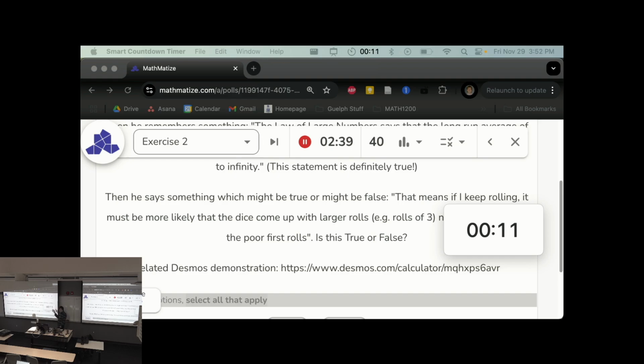Okay, 10 seconds left. Get in your answers. Do you think I am due for some good luck later on or not? That's essentially what you are answering. And I'm very curious what people said.